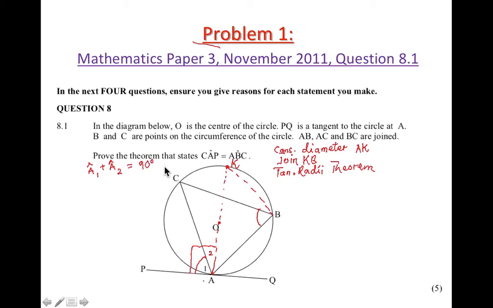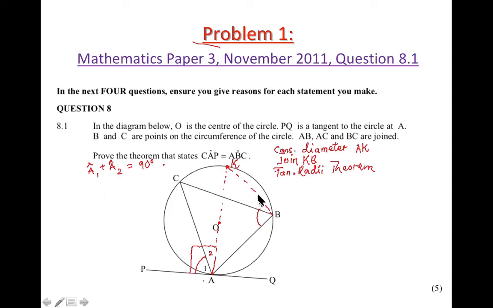And the reason has been given here because of space. So angle A1 plus angle A2 is equal to 90 degrees. That is tan radii theorem. Let's look at another one. We have to look for another 90 degrees again.